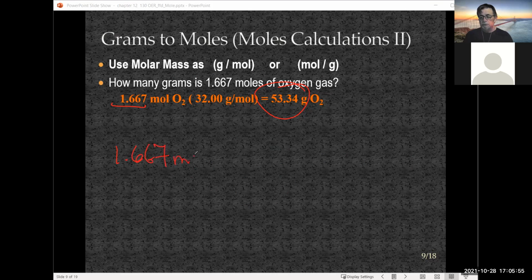1.667 moles of oxygen. We want to know how many molecules that consists of. Well, it's already in moles. All we need is Avogadro's number, 6.02 times 10 to the 23rd molecules for 1 mole.